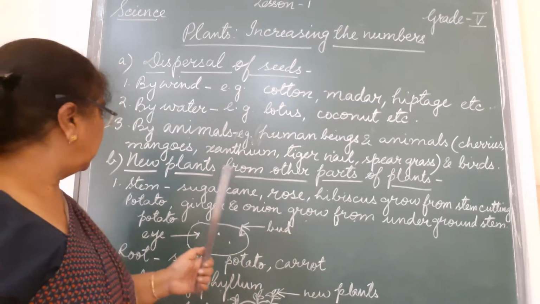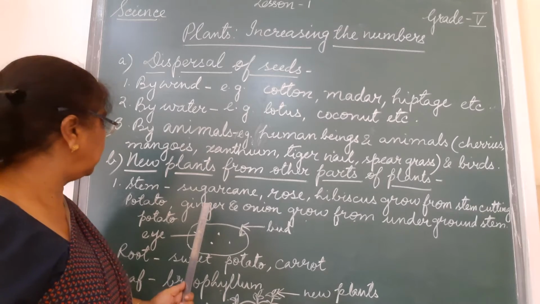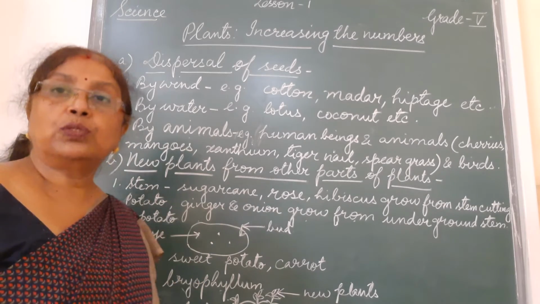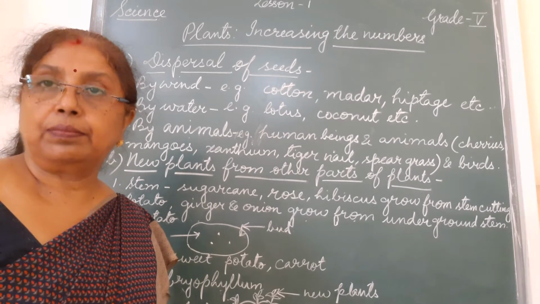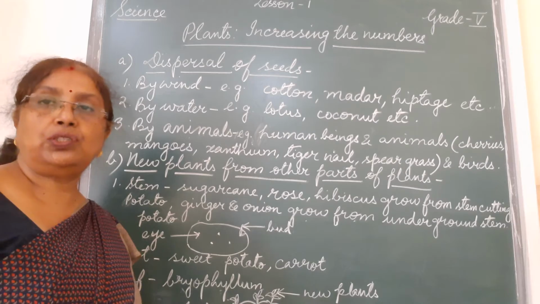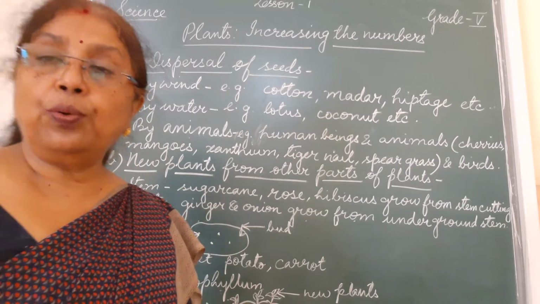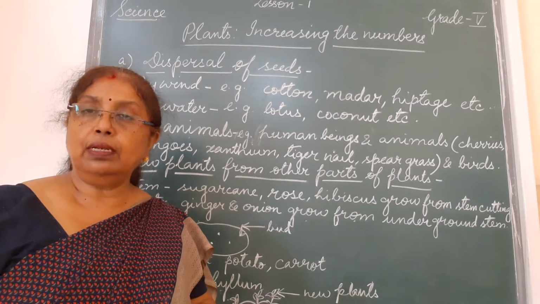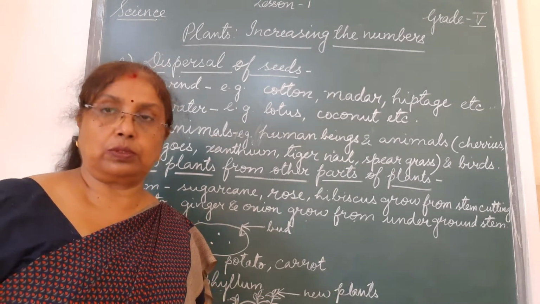The second one, this one we will see that some plants also grow from the underground stem. So those examples are onion, ginger, potato. So though they grow inside the soil, they are underground stems, they are not roots.